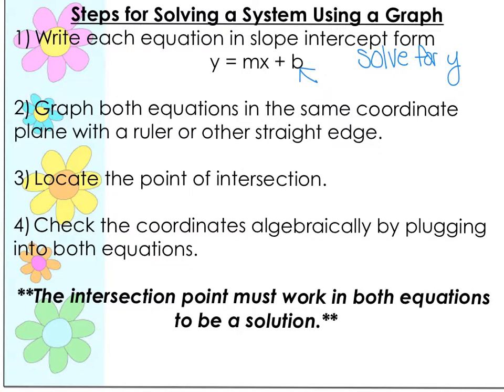Remember, we did this when we were graphing, it's been a while. b is where we begin. And remember we always begin on the y-axis, unless it's an example of a vux. Remember, vux is our vertical lines, and it starts on an x.